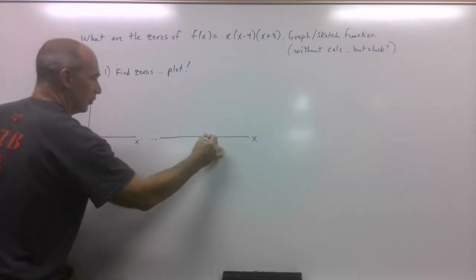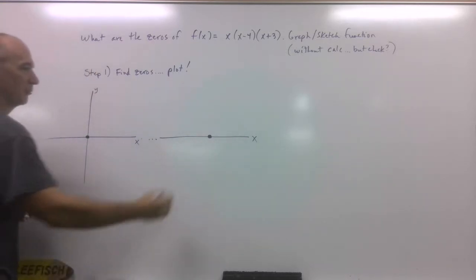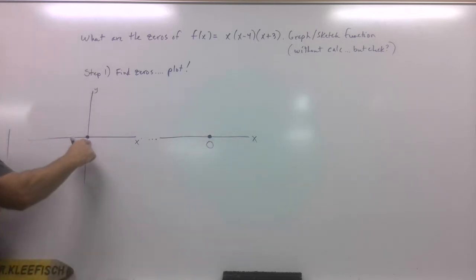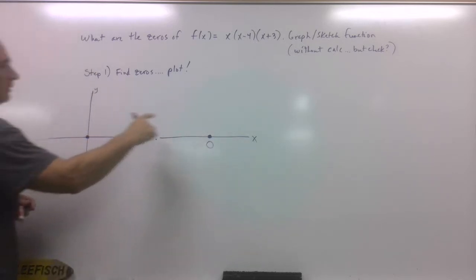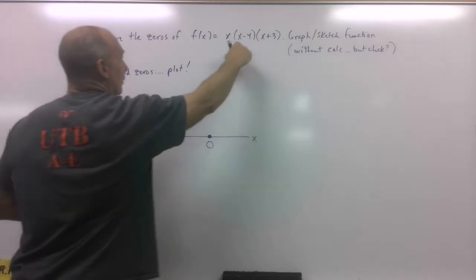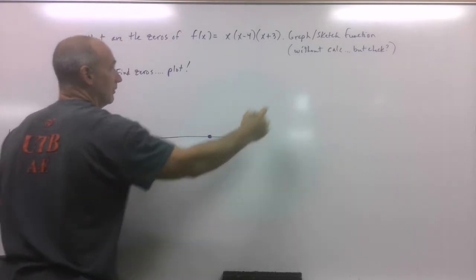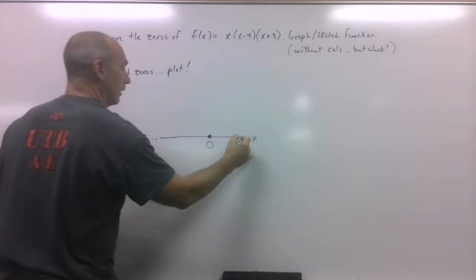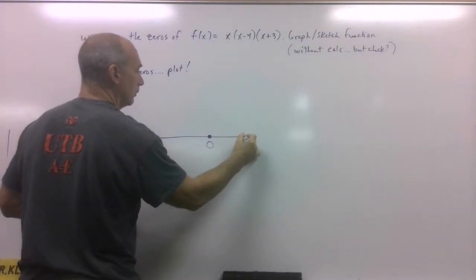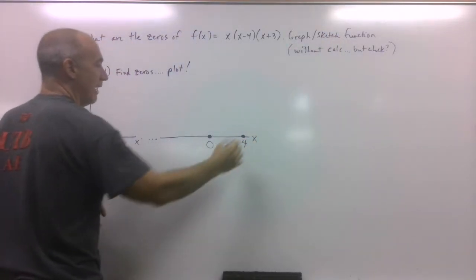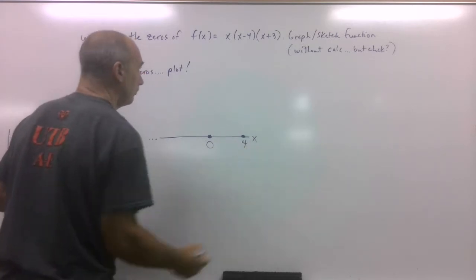Now if I just use some random chart here, there it is, there's my 0. I can see that that's 0. This one I'd have to label it. This would be a 4. So I'd have to go out here somewhere, remember, sketch. So I'd go out here to about 4, label it. I know the graph's going to go through here somehow.